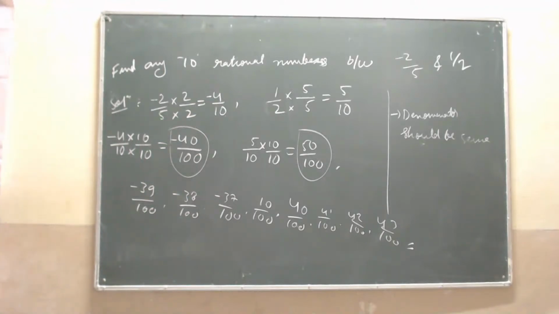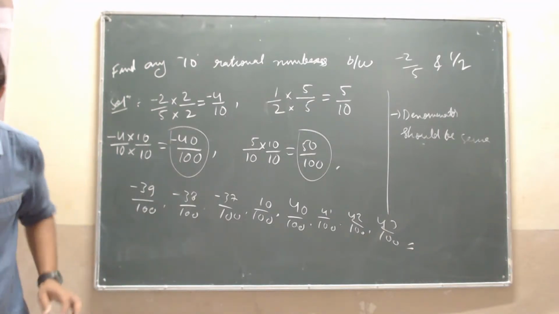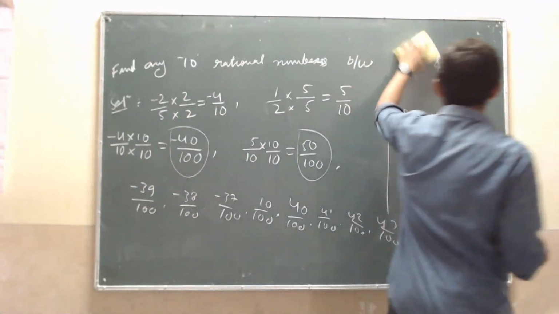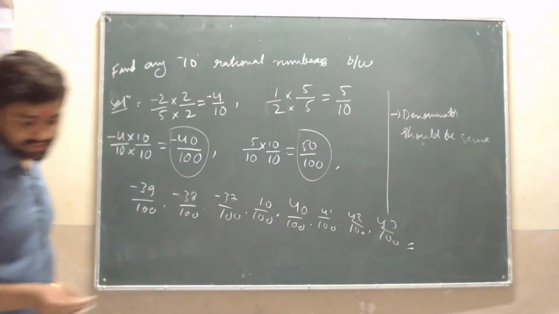And the next question we have. Find any 10 rational numbers between, and this one I will give you as homework. Then another homework: find any 10 rational numbers between 3 by 5 and 3 by 4.